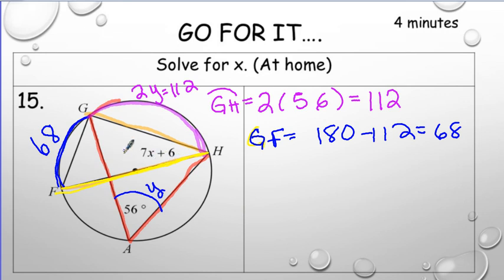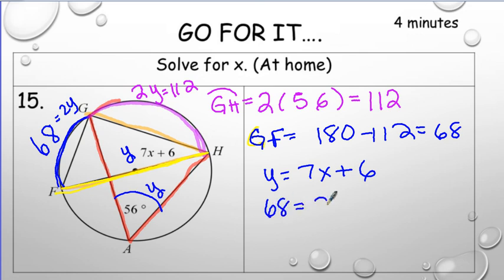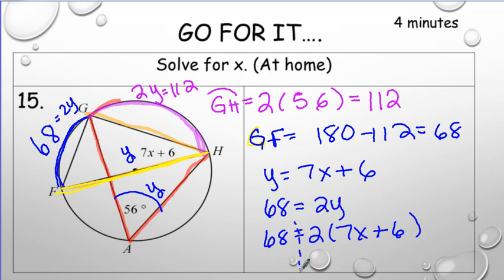This is an inscribed angle, so I'm going to call this y and call this out here 2y. So now I can say y is equal to 7x plus 6, and 68 should equal 2 times y. So I'm going to substitute in what I know y to be, and then I'm going to solve my equation.